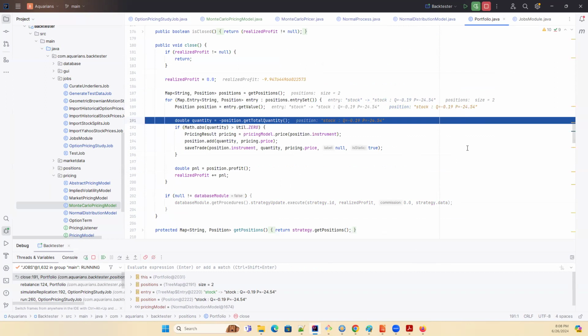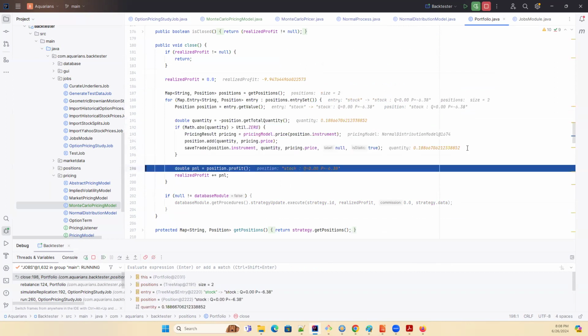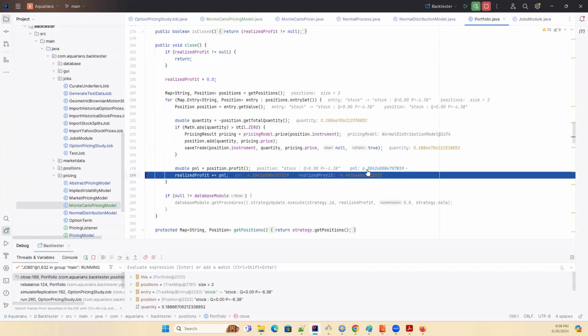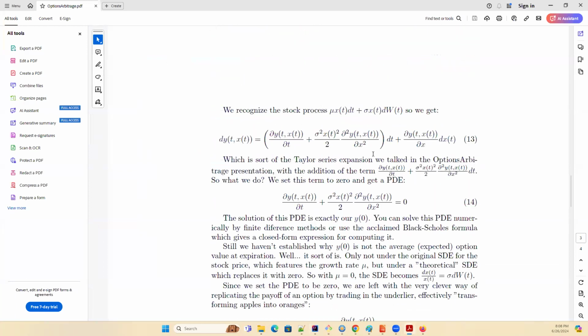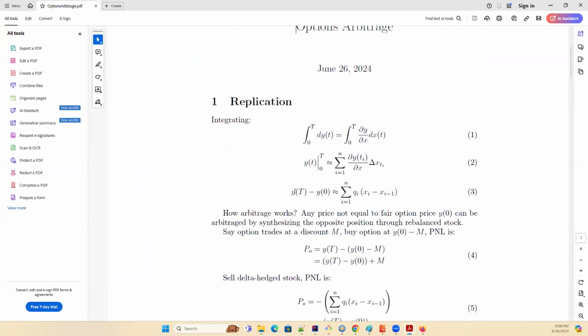So we made money, lost money, and overall, in our P&L, we lost around $9 to $10 on the option and made $6 on the stock. So it's not exactly equal as it theoretically should be here, but it's only equal if the hedge frequency is infinite.